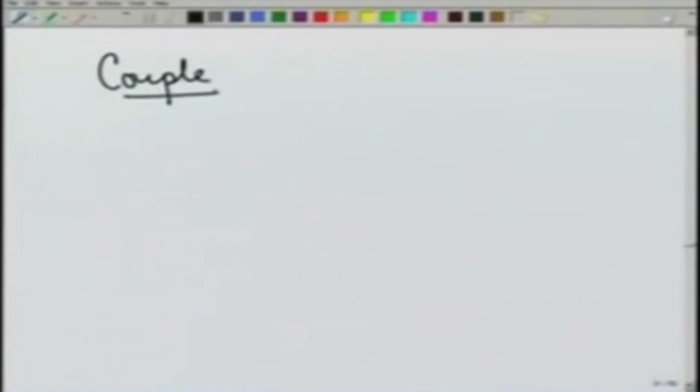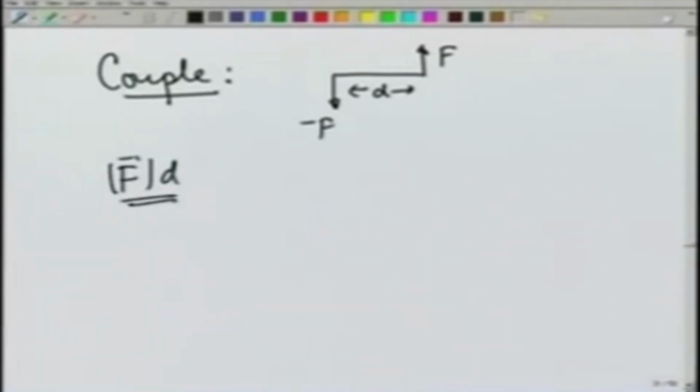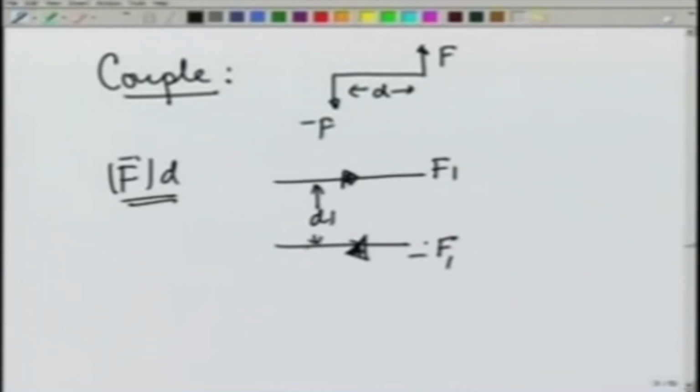Thus, a couple is a force or two forces F, minus F, displaced by parallel distance between them d, and its moment is given by F d. Since the net force is 0, the same couple can be generated by different kinds of forces. For example, I could have a force F 1 going the other way, minus F 1, displaced by distance d 1 from each other.